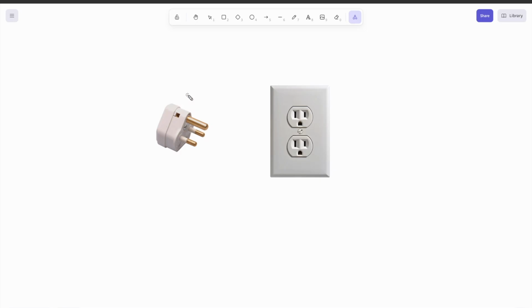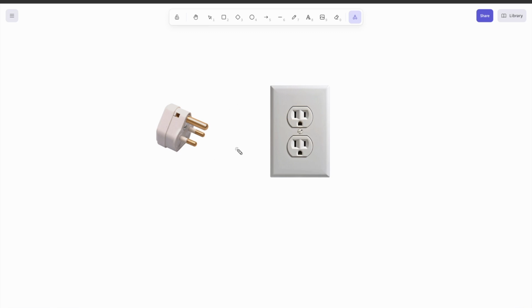Consider this example. Here this is the plug and this is the socket. If we want to insert this plug into this socket, it is not possible because the structure of the plug is different. Here it has a circular shape and the socket has a rectangular shape.